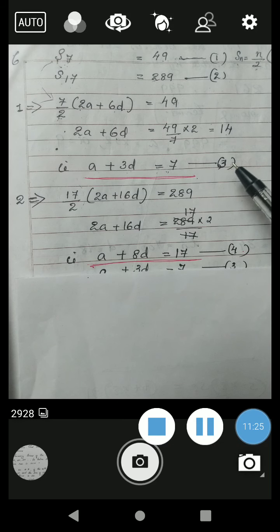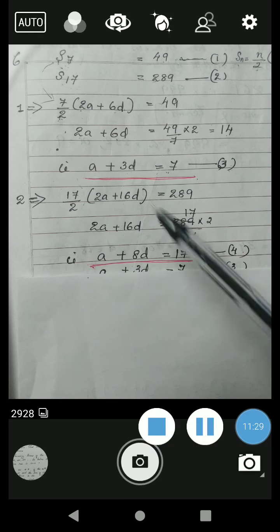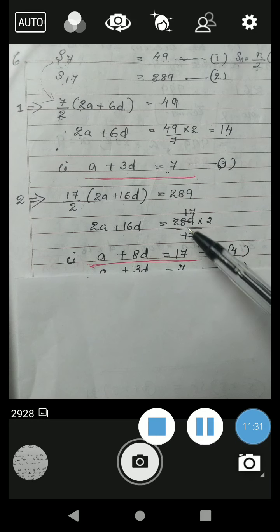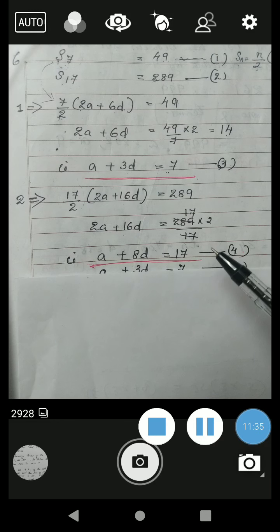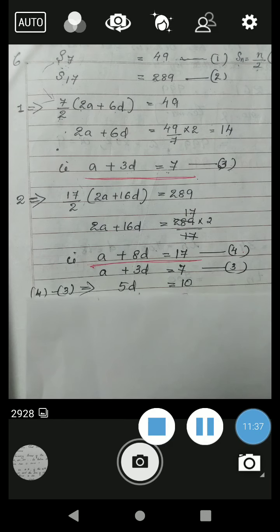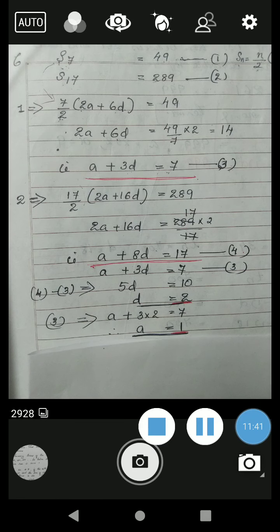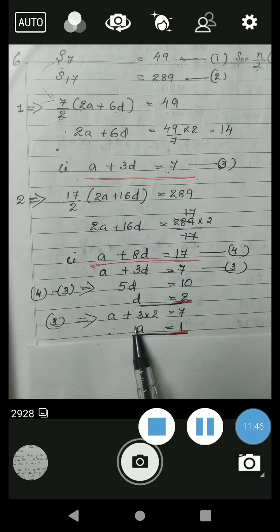Now you can see two simultaneous equations in a and d. You can solve these two equations. Subtracting, 5d equal to 10, d is equal to 2. Substitute the value of d in equation number 3, you will get a is equal to 1.